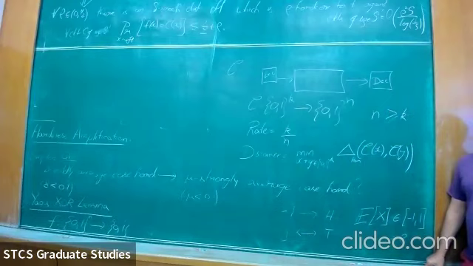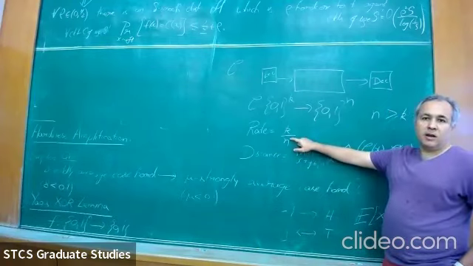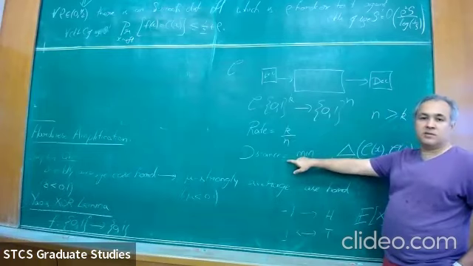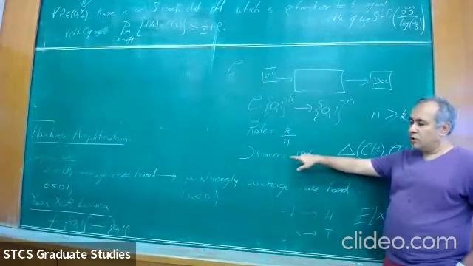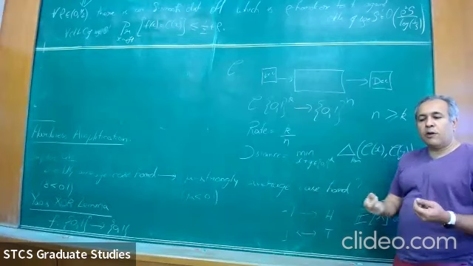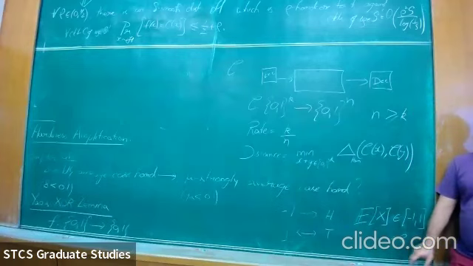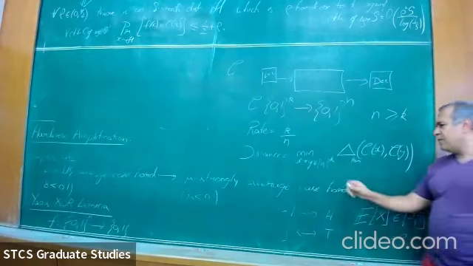Suppose there was a code with rate 0.9 and distance, say, 0.4. What does 0.4 mean? I do not know whether these numbers are achievable. Oh, sorry, I will make it fractional distance.